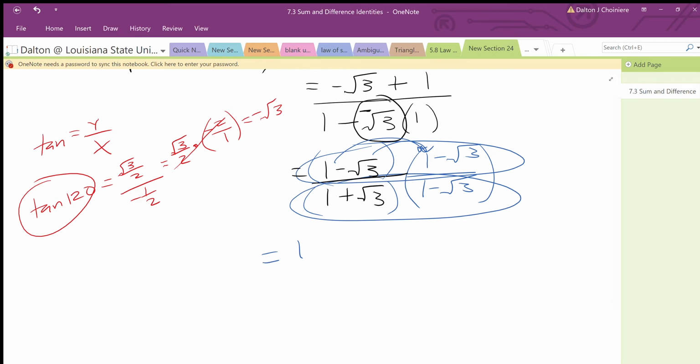So it'll be negative square root of 3 minus outer, which is the square root of 3. And then last, negative square root of 3 times negative square root of 3 is just going to be a positive 3. All over, if I FOIL the denominator, I get 1 plus the square root of 3 minus the square root of 3 minus 3.